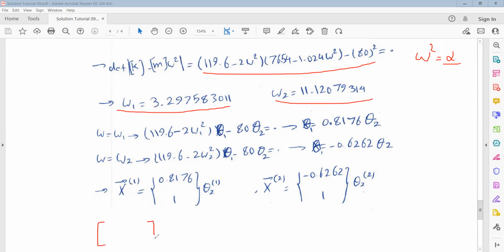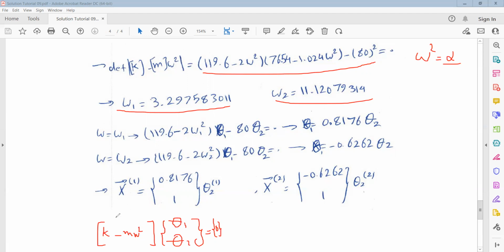Here we have the matrix of coefficients, which is K minus M omega squared, multiplied by theta 1 and theta 2. It's equal to 0. Of course, this is a vector.